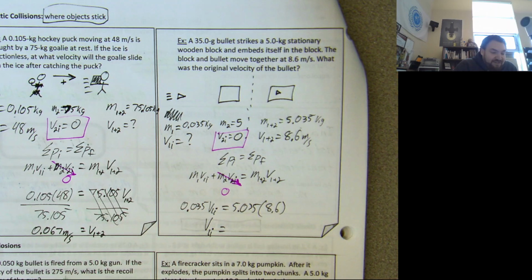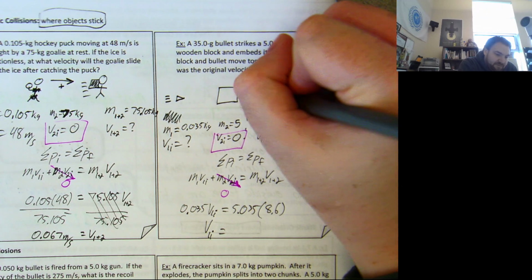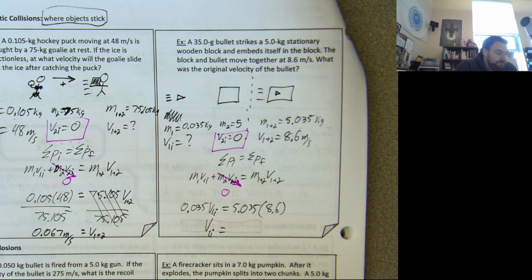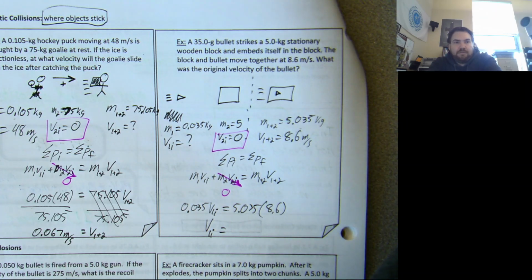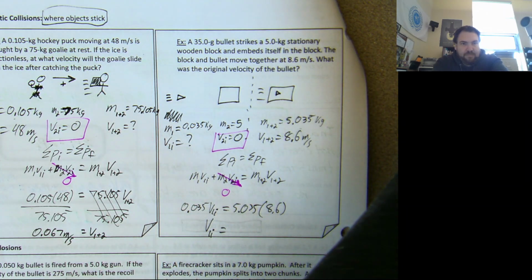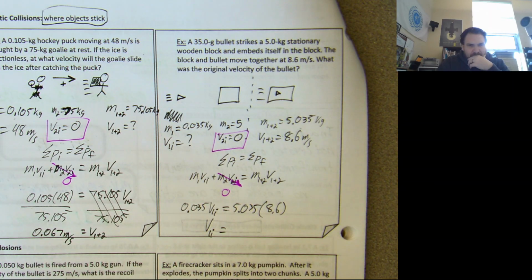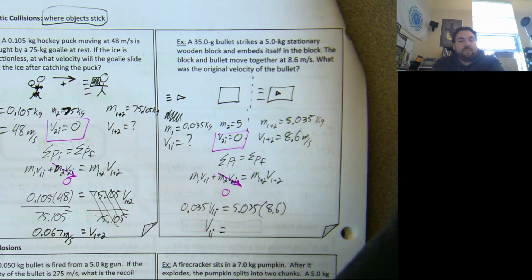What would the initial velocity of the bullet have to be to cause the combined object to move off at 8.6 meters per second? What's that value?